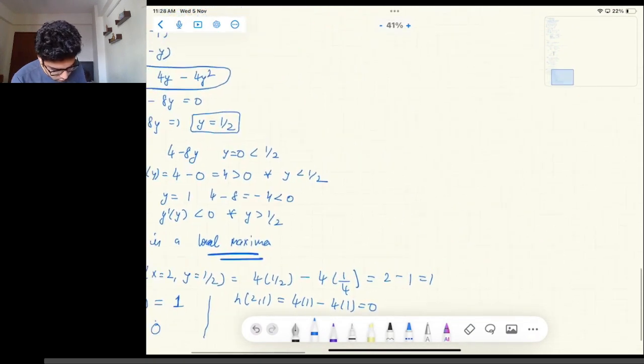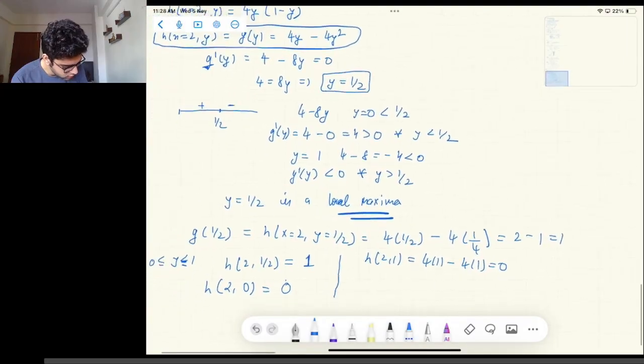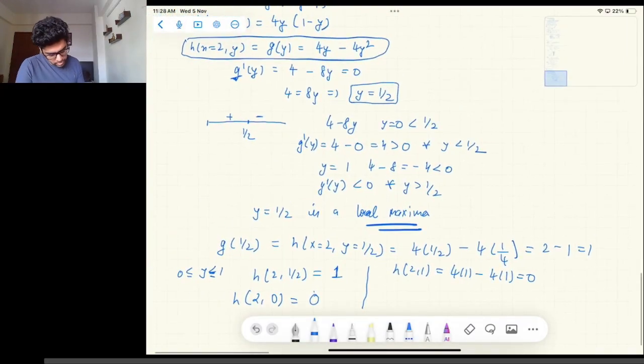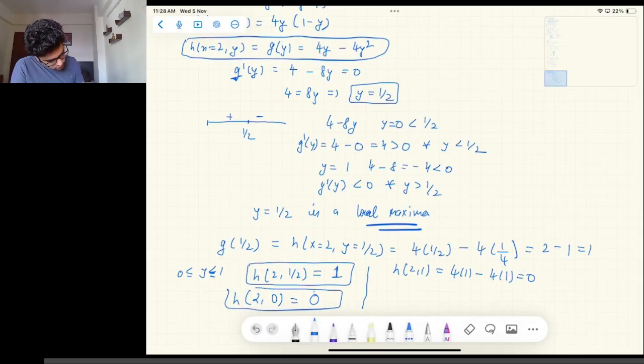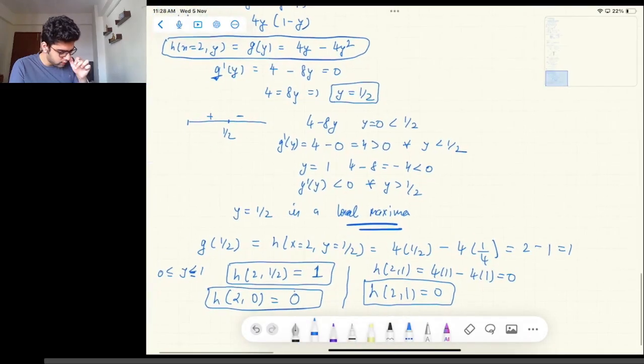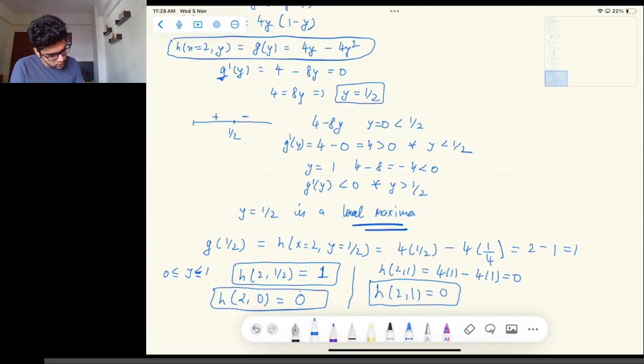I guess I've moved to the end of the page, right? So now what I have is this. This is one of the most important things that we have found here. h of 2 comma 1 is also equal to 0. Now we can find a conclusion for all of this.